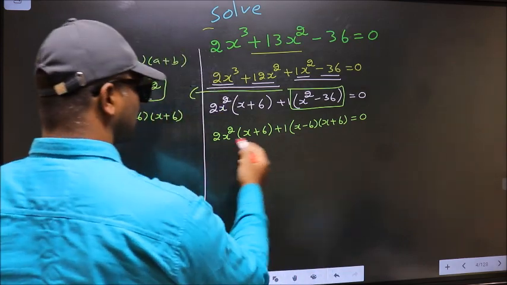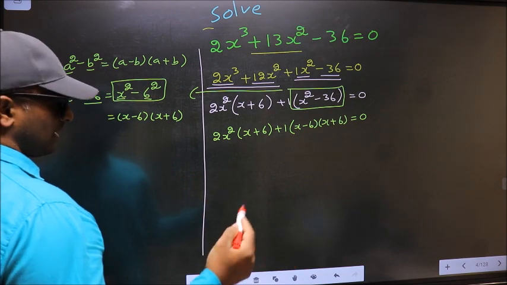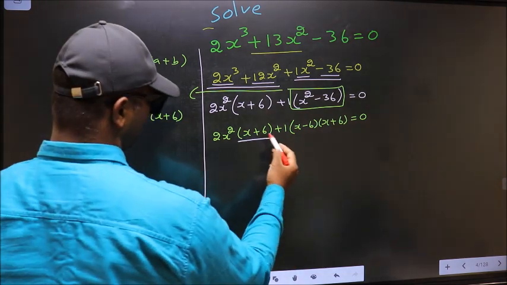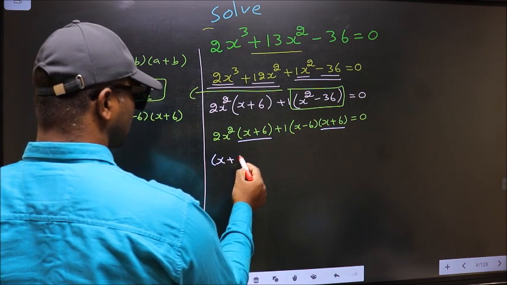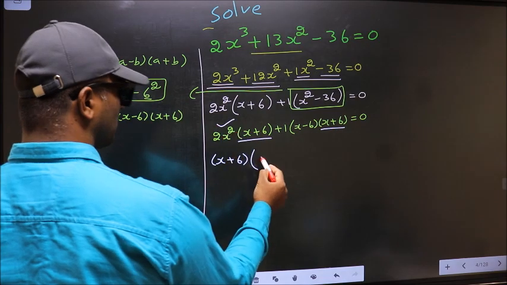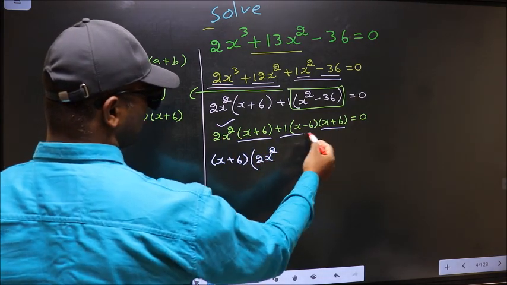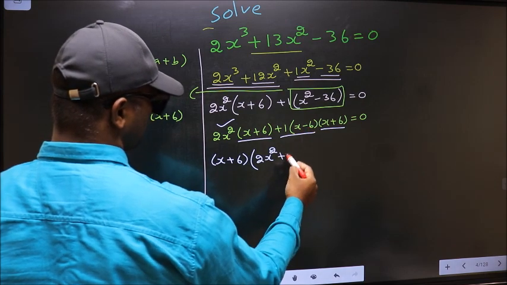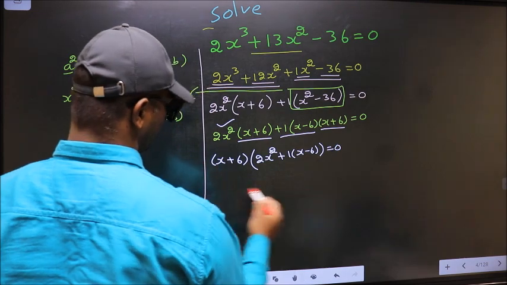Now from this entire equation, what can be taken out common is x plus 6. So x plus 6 outside. Over here you are left with 2x square, and over here you are left with this plus 1 times x minus 6 equal to 0.